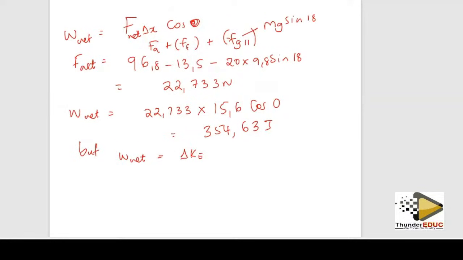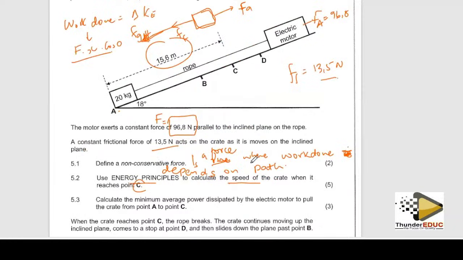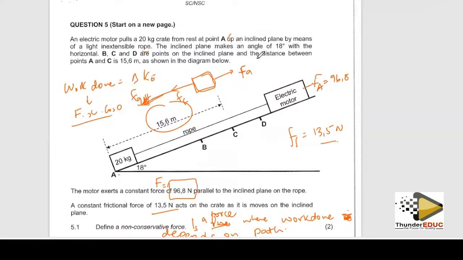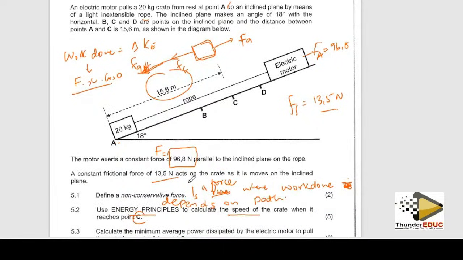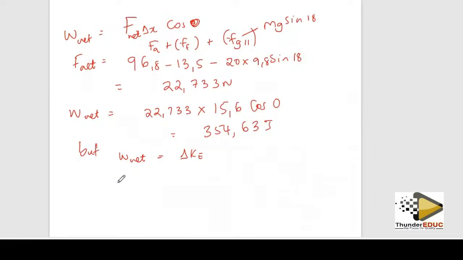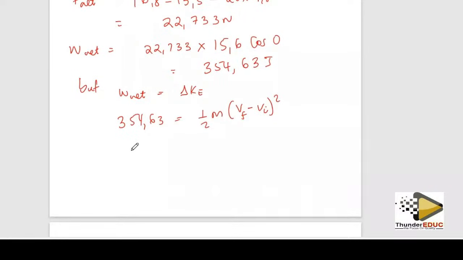But the net work done is equal to the change in kinetic energy. Initially, the question was specific and told us that the initial velocity was at rest, or 0, and that's when it reaches C. Which means I'm going to have 354.63 equal to a half m, times V final minus V initial, squared.